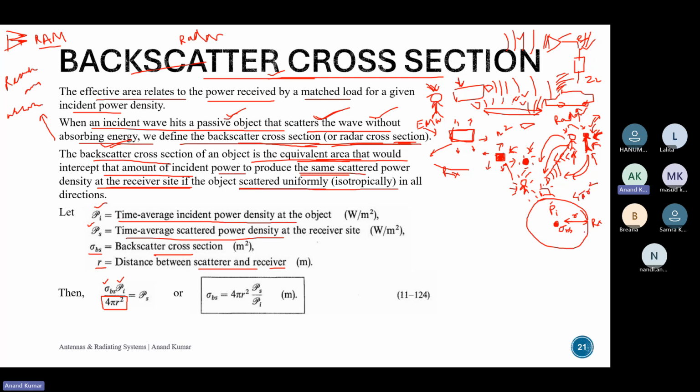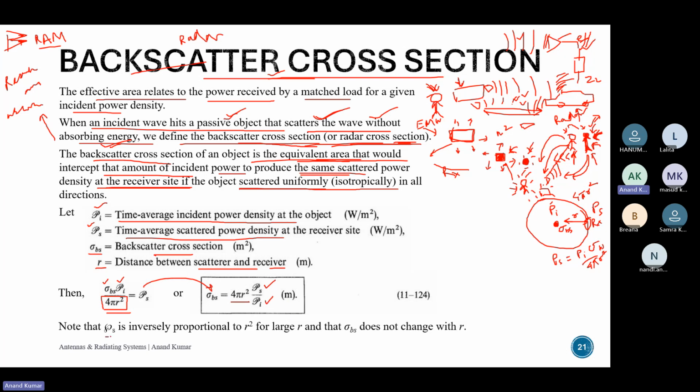So the power received at the receiver, ps, is equal to the incident power into the radar cross section divided by the surface area, per unit area. So this is the relationship, or rearranging this will give us the radar cross section is equal to 4 pi r square into the scattered power by the incident power.